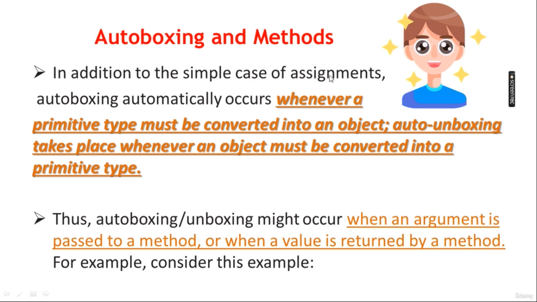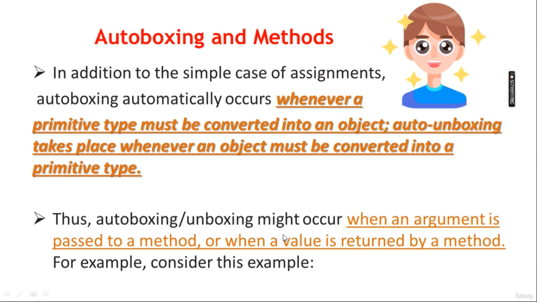Now we will see auto boxing and methods. In addition to the simple case of assignments, auto boxing automatically occurs whenever a primitive type must be converted into an object. Auto unboxing takes place whenever an object must be converted into a primitive type. Whenever there is such a need, auto boxing and auto unboxing will take place.